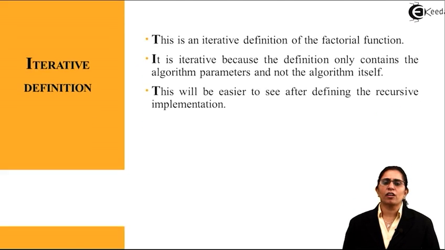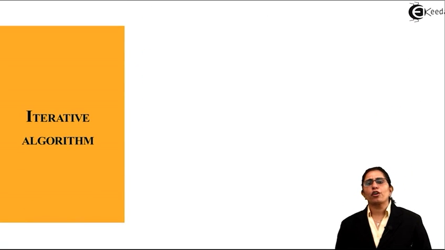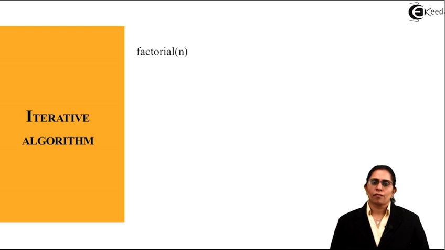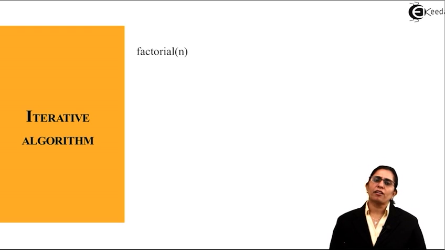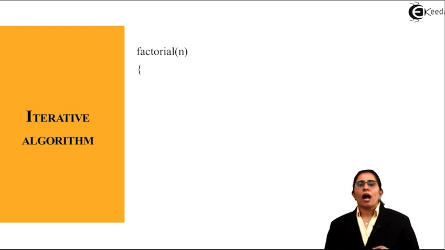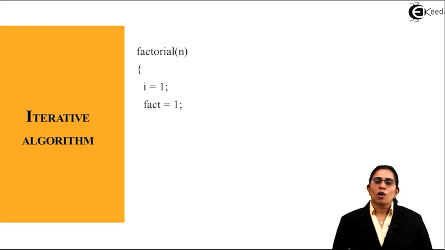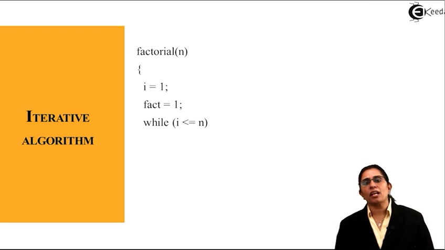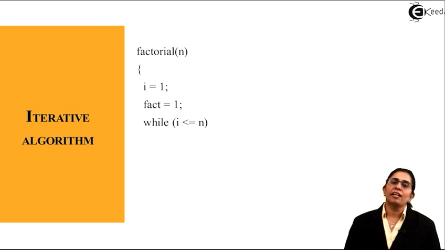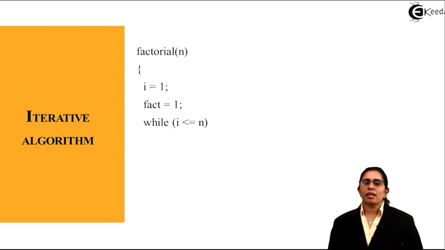Now in an iterative algorithm for the factorial of a number, here I have written a small function to find the factorial of a number. It is given the name factorial(n), i is equal to 1, fact is equal to 1, while i is less than or equal to n. Now n is any number whose factorial I need to find. Let's take an example.